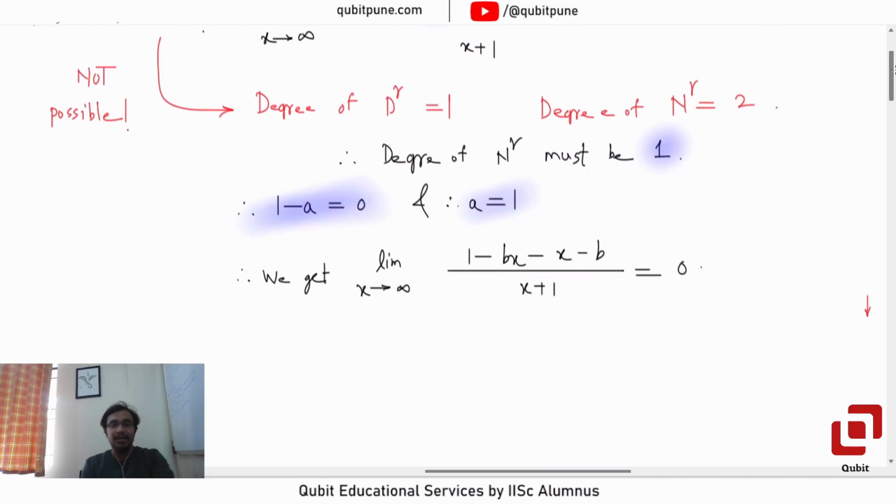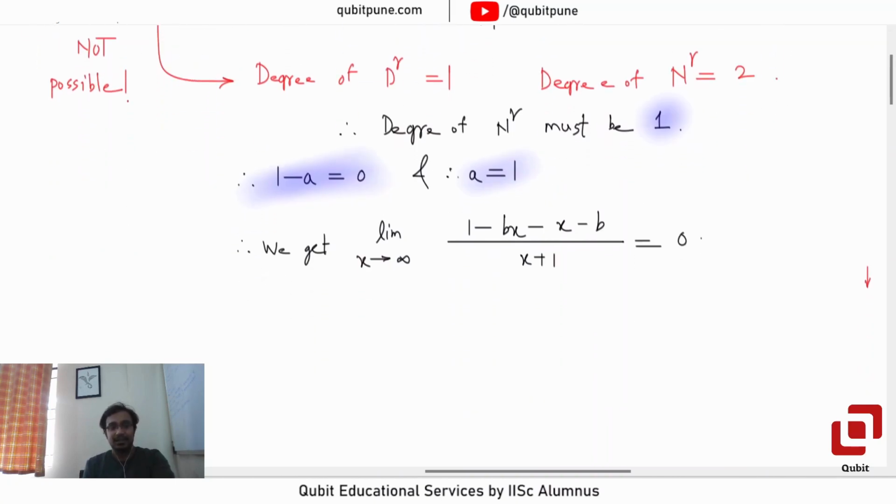Now can we apply L'Hospital's rule? We can, because it is definitely in infinity by infinity form. Could be negative infinity, but that hardly matters. So what does L'Hospital give?